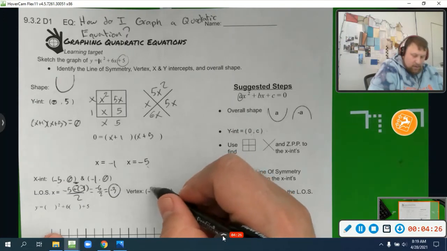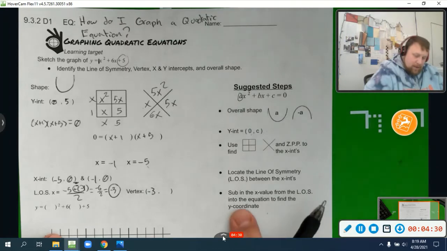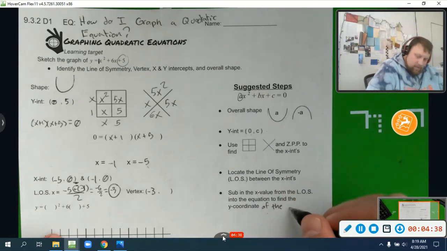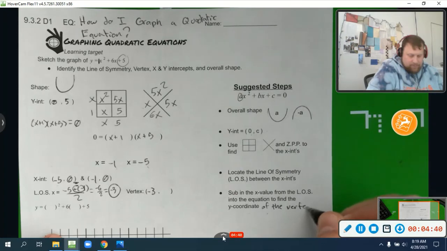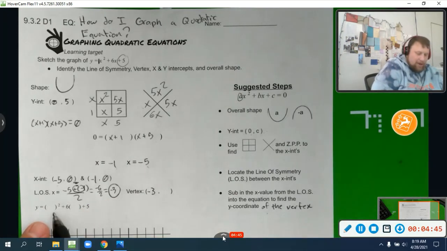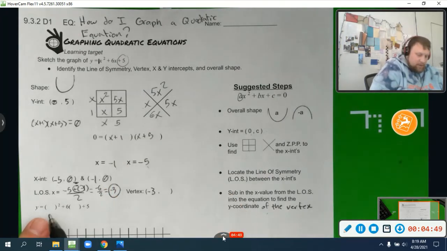And then let's not forget, sub in the x value from the line of symmetry into the equation to find the y coordinate of the vertex. You should write that in. So let's do it. We're going to put negative 3. Remember the equation up here? It's x squared plus 6x plus 5. We just have the whatever squared plus 6 times whatever plus 5.